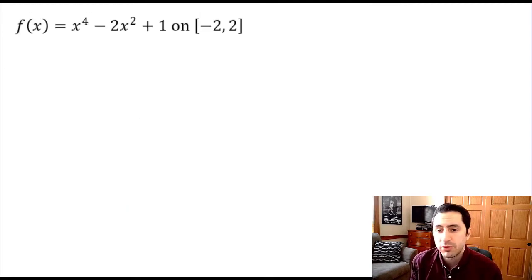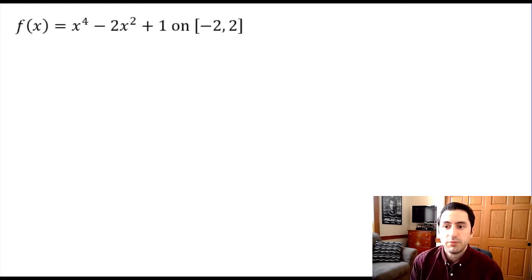For my example, I have a function f of x equals x to the fourth minus 2x squared plus 1, and we're looking at the interval from -2 to 2. I want to talk about why Rolle's theorem is going to work, and then find all the numbers between -2 and 2 that Rolle's theorem is going to guarantee.